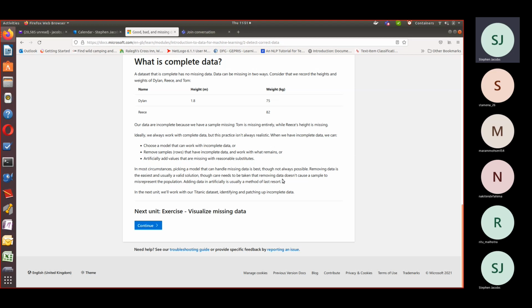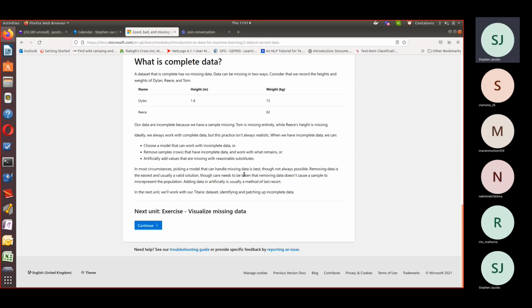If you've got 1 million records that are reasonably representative, and you've got 2 or 3 that have some missing values, then no problem, just take them out. But if taking them out removes a representative section, as I've described, or key values, center values, that's going to make your overall results skewed in some way, then it's not a good idea.